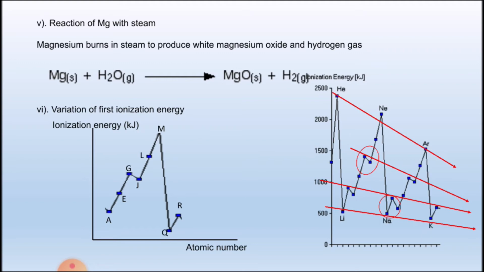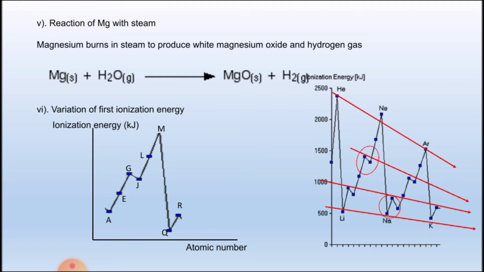So keep this relationship, then you can get an idea how to draw this diagram. It always takes a zigzag shape. And this red arrow shows that down the group, first ionization energy always decreases. Keeping this in your mind, you can draw the variation of first ionization energy for the elements from A to R like this.